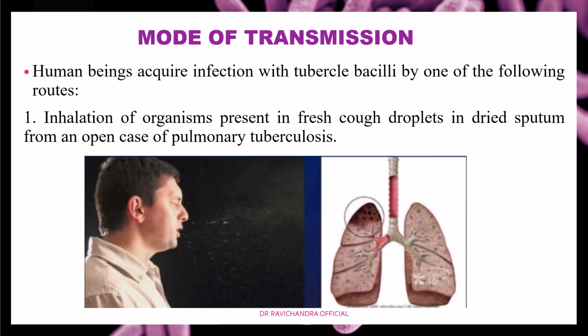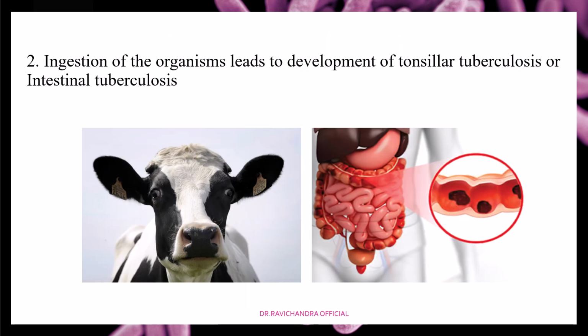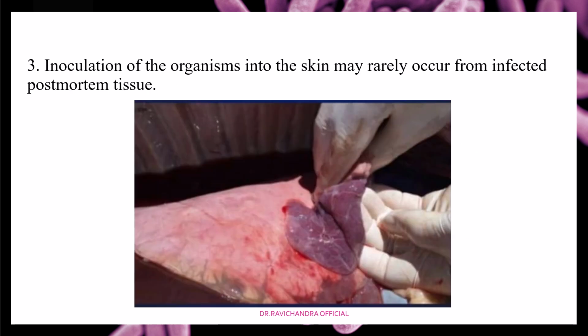Mode of transmission: human beings acquire the infection with tubercle bacillus by many routes. Out of them, the most common is inhalation of the organisms present in fresh cough droplets or dried sputum from an open case of pulmonary tuberculosis. Another route is ingestion of the organisms, leading to the development of tonsillar tuberculosis or intestinal tuberculosis.